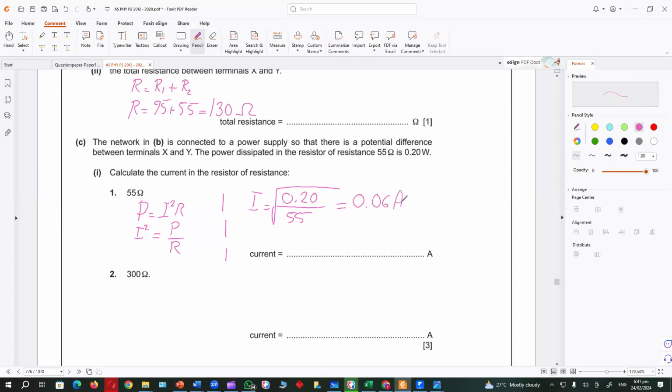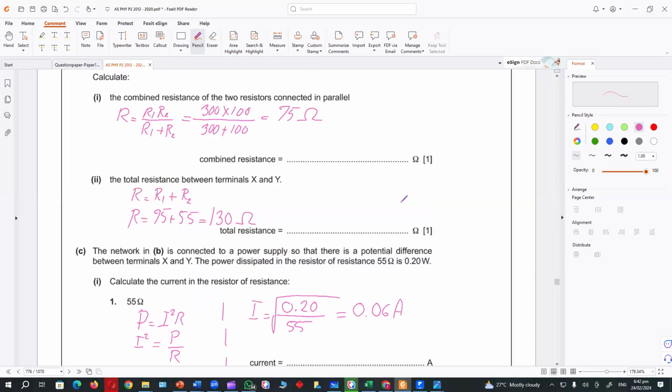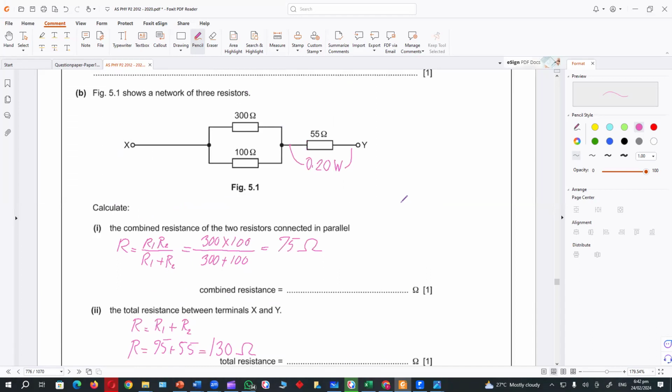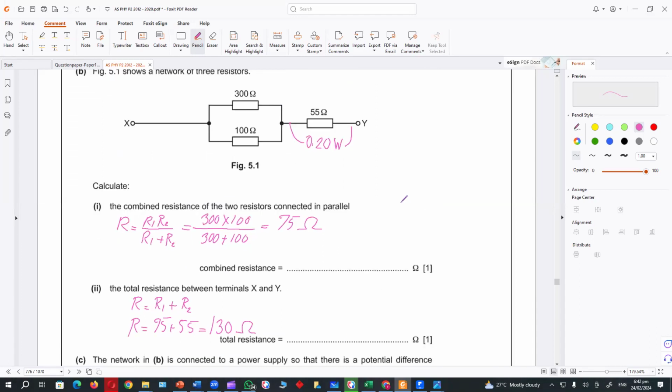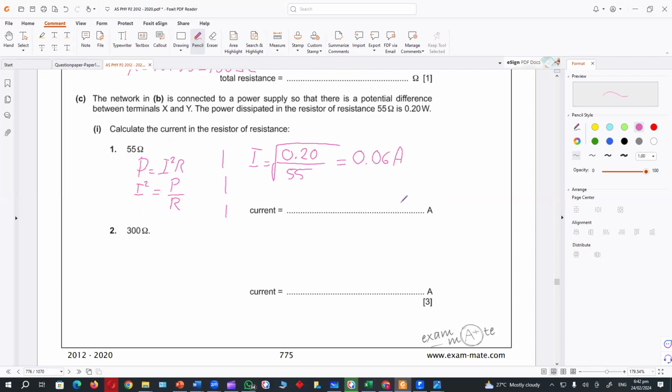Okay. Then he says, what is the current across the 300 ohm resistor? The effective resistance is 75. So first we solve for 75 and then we can find it. We know the current is the same, but we should see the ratio.